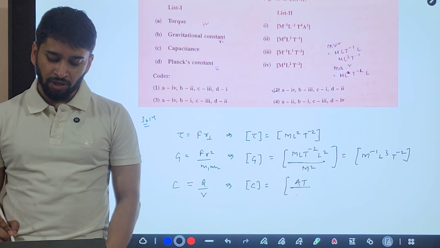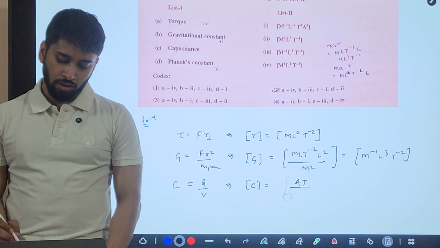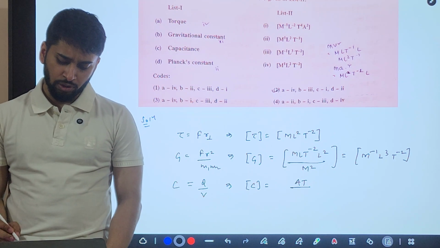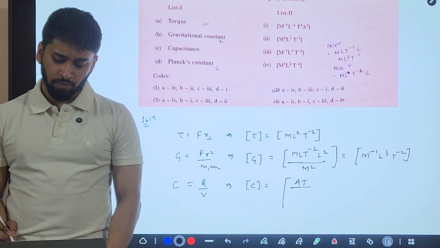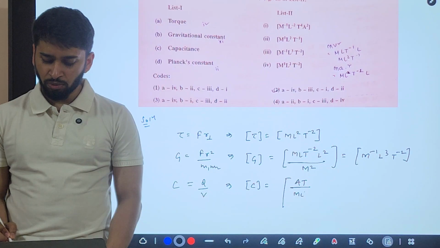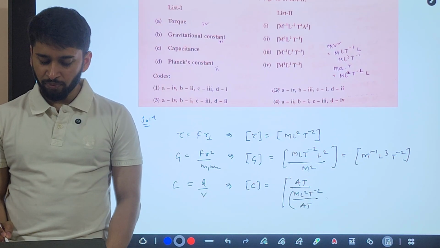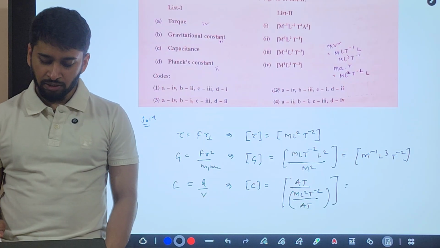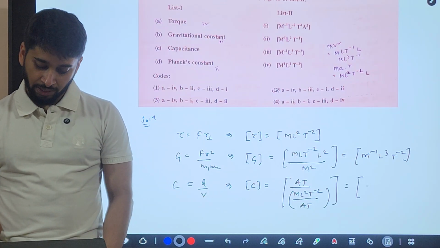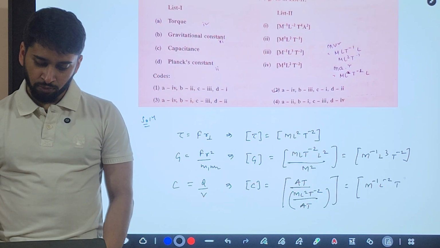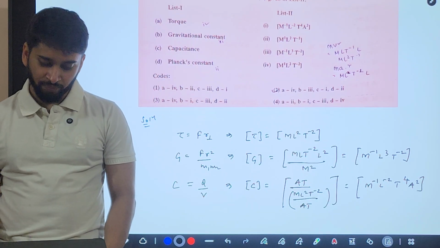Potential is work done per unit charge, and work is ML squared T minus 2, divided by AT. So this will become M to the power minus 1 L to the power minus 2 T to the power 4 A square, right?